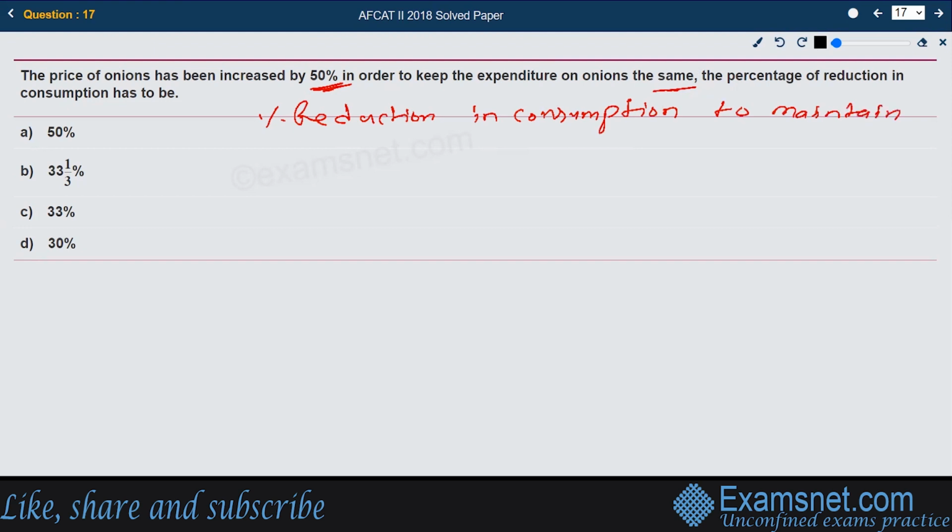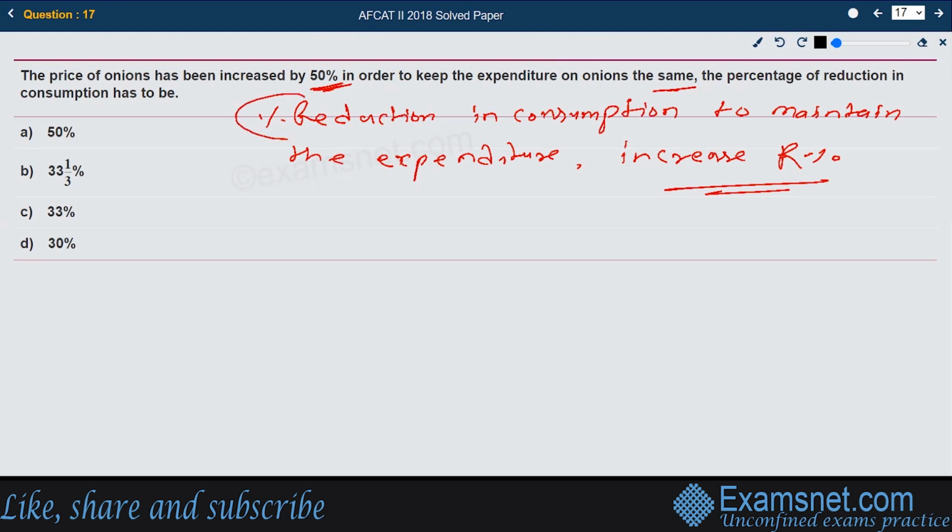When there is an R% increase in the price of some commodity, and we are supposed to maintain the expenditure, we need to reduce the consumption.